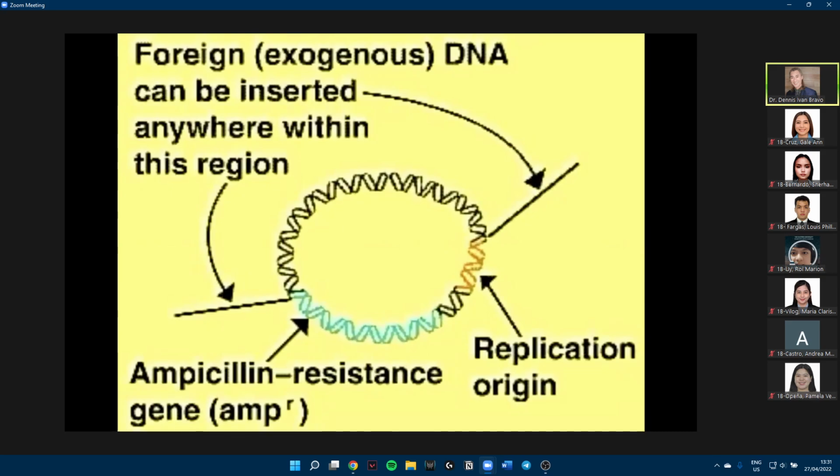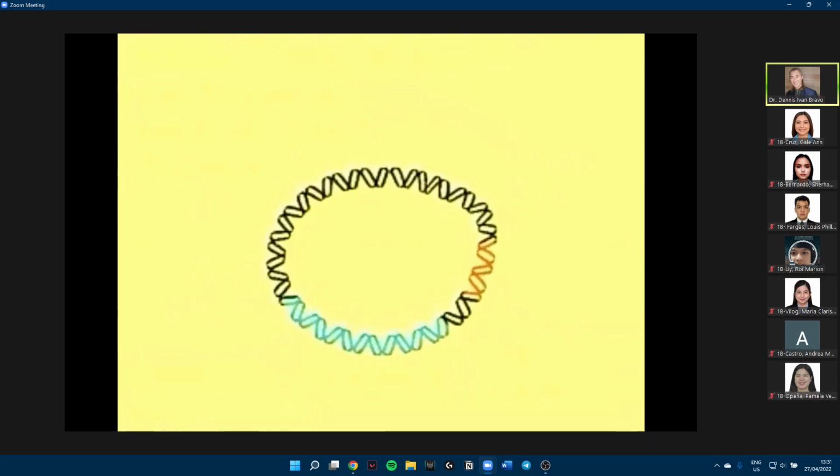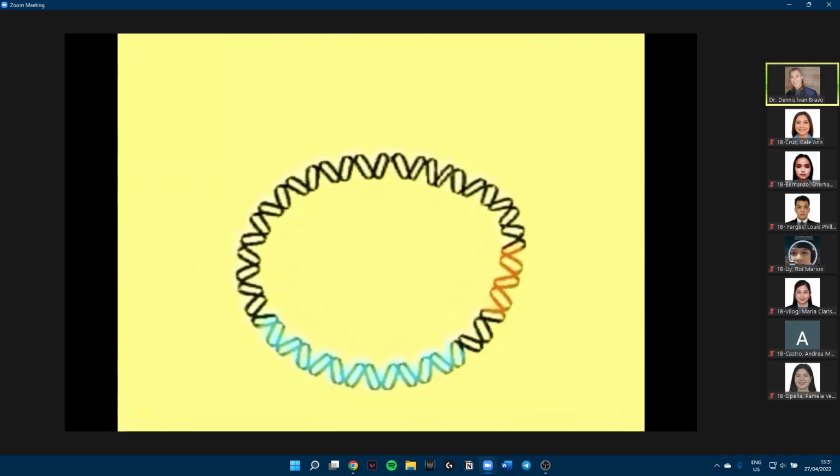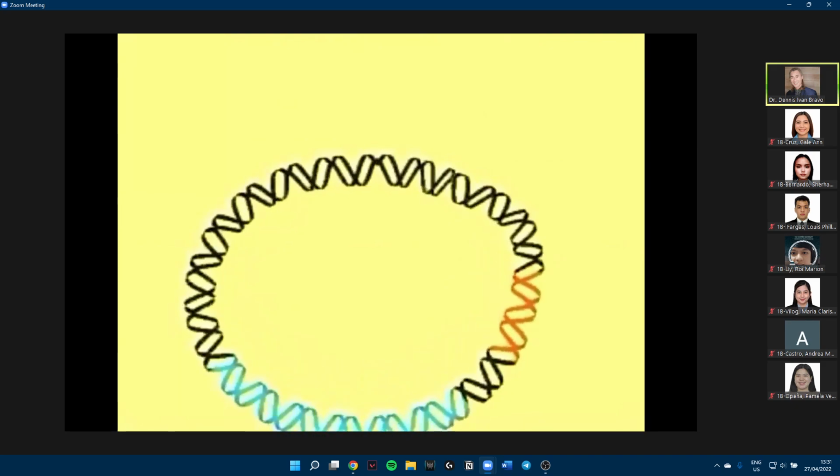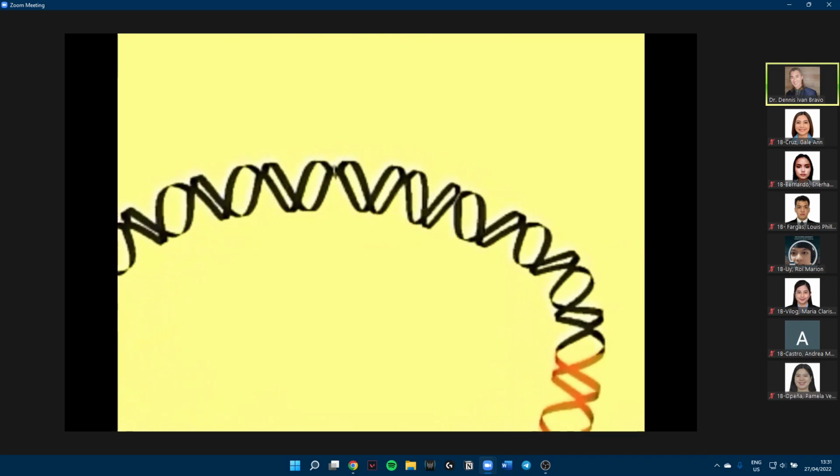So it contains the origin of replication, the antibiotic resistance gene, and a palindrome sequence. In this case, it's GAATTC, which can be recognized simply by EcoRI.